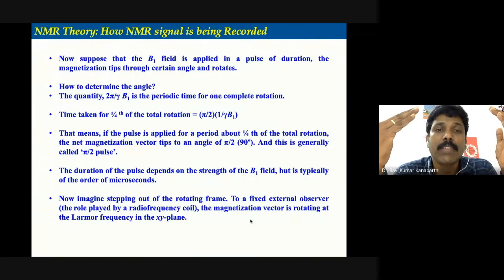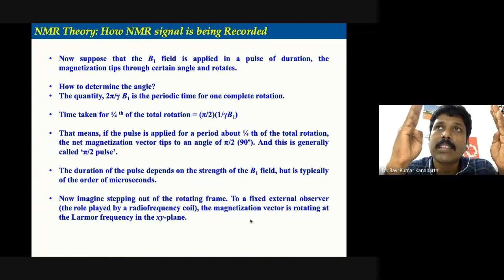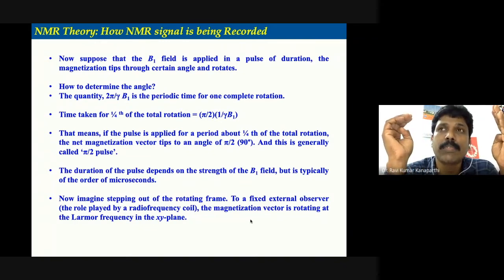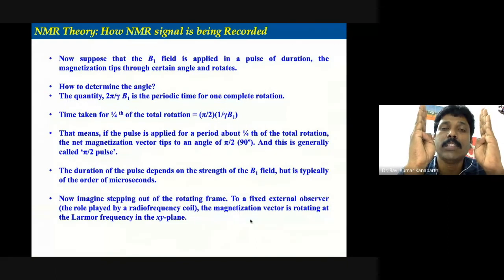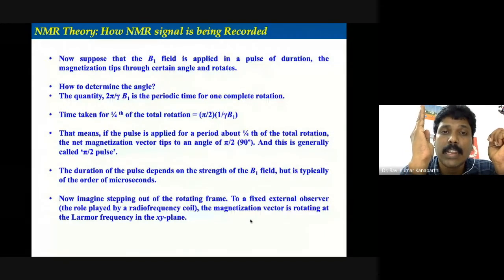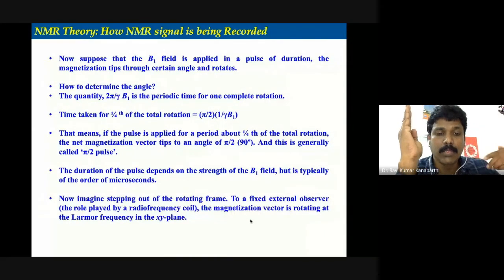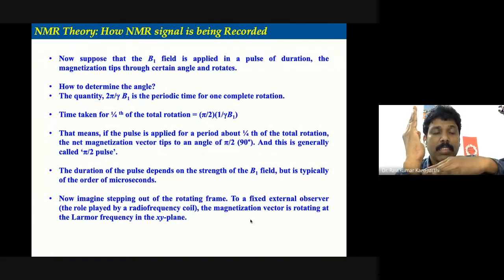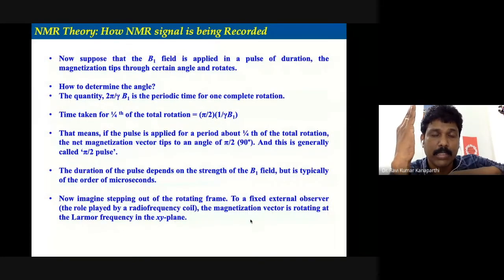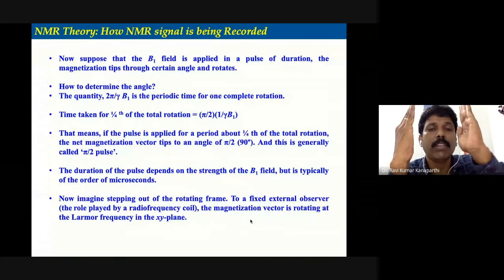When we have an induced magnetic field B1, and the magnetization vector M0 is already precessing with another precessing frequency, and there is a match between these two, please remember that the net magnetization vector is along the Z direction, and through the y-axis, through the coil, circularly polarized radio frequency is applied so that B1 will be perpendicular.